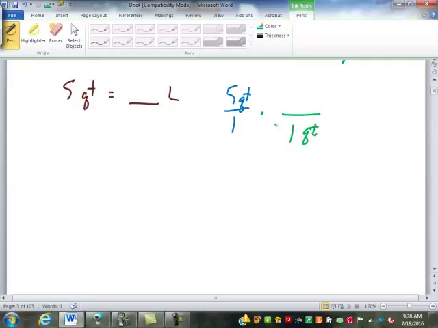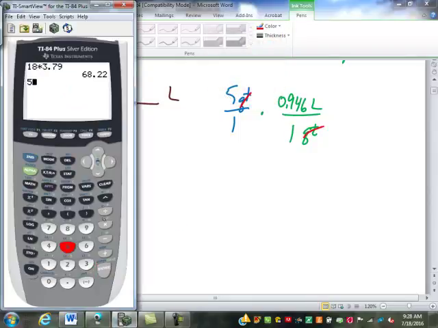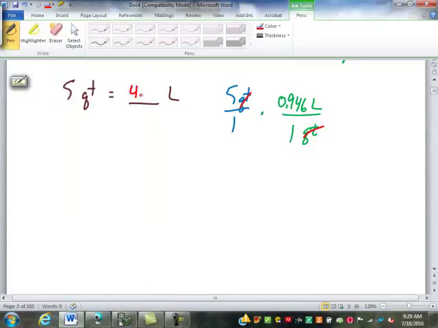So I look, do I have a conversion of 1 quart equals something in liters? If I look there, I get 1 quart is 0.946. Everybody see where that comes from? So again, my quarts will cancel. It's 5 times 0.946, giving us 4.73 liters.